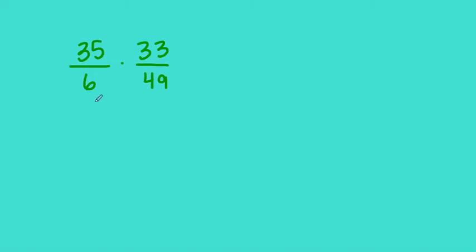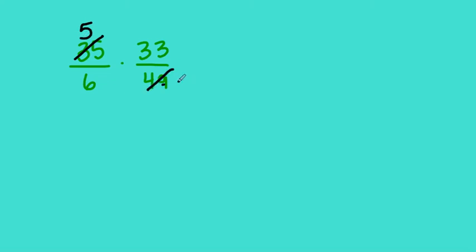All right, multiplying fractions. Remember, I said you want to simplify before you multiply. You do not want to multiply these numbers. They're too big. So you can simplify diagonally and up and down, but you cannot simplify across. All right, so I see that 35 and 49 have a common factor of 7. So I'm going to divide each by 7, and I'll divide this by 7, I'll get 5.